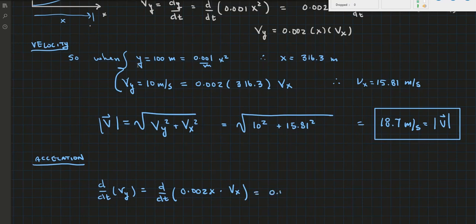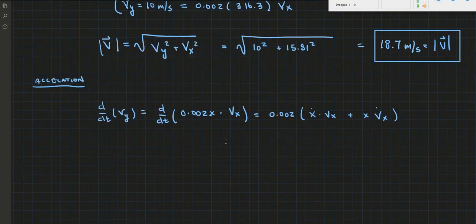So let's pull a constant out. So this will be now an x dot times Vx, which is x dot times x dot. Product rule working here. And then our second term is going to be x times, well, essentially x double dot, because Vx is x dot, or Vx dot. I guess we'll use the same symbols that we're using here. V dot x.